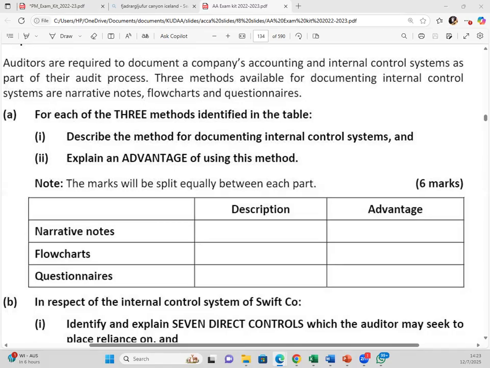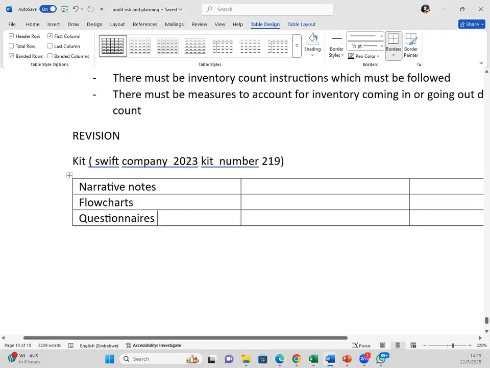So let's go and write that on our Word document. On narrative notes, these are brief notes which explain, or maybe using notes to explain notes might not be ideal.